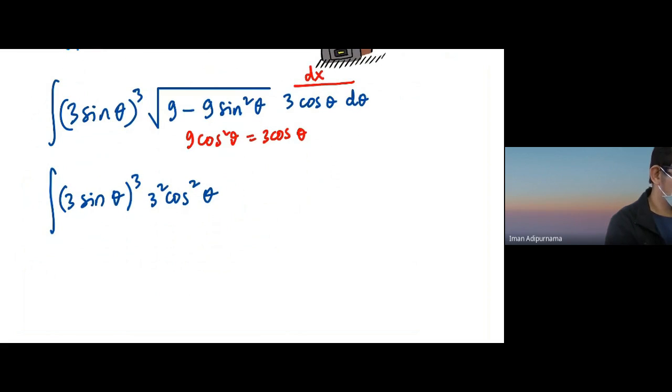So 3 to the power 3, 3 to the power 2, that's 3 to the power 5. Let's just factor out. And this will be sine cubed theta times cos squared theta d theta.